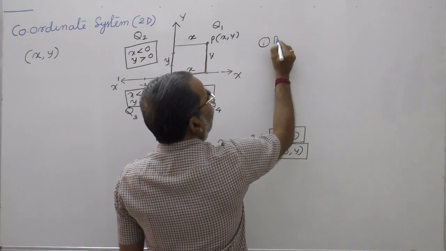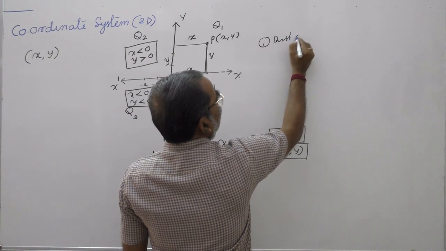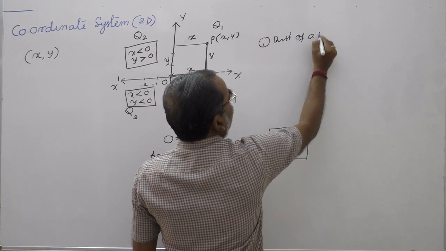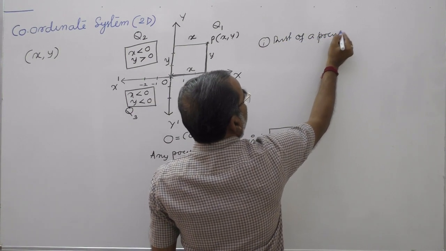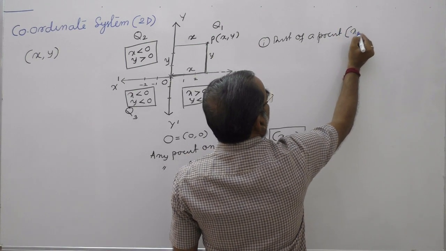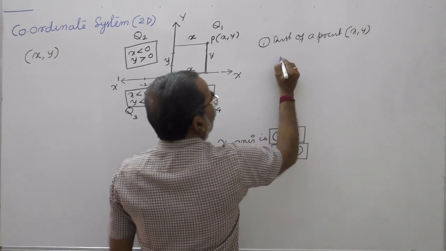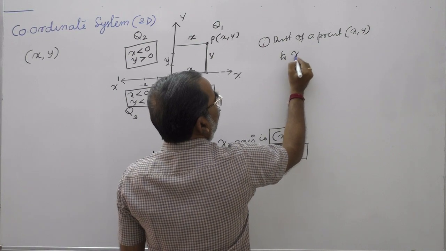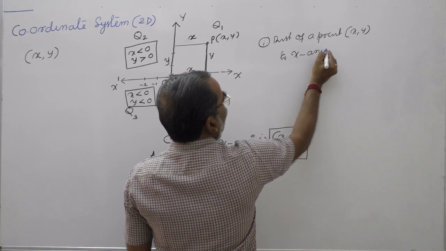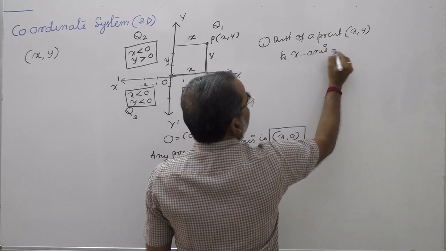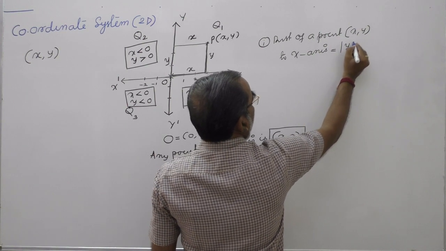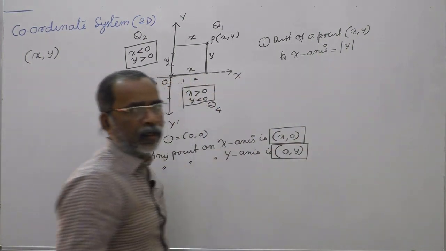So therefore, the distance of a point x, comma y to the x-axis is the magnitude, modulus of the y coordinate.